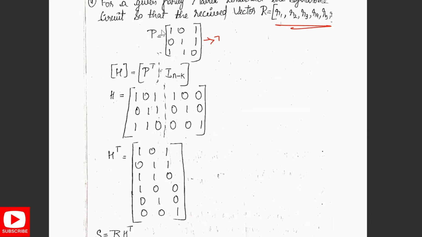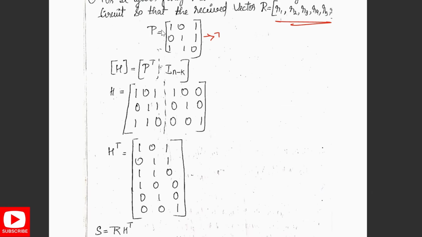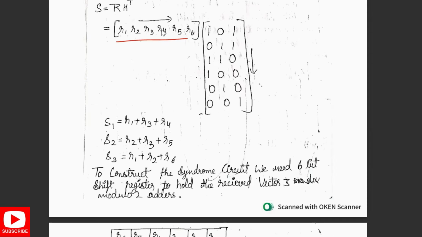It is 3 cross 3, so this will also be 3 cross 3. And finally the H transpose of it. The error that is given is in terms of R, and now the H transpose you are going to write here. Now you have to multiply each row with each column like this, and then like this, and then like this. So based on that, this column is S1, this column is S2, and this column is S3. So based on that, you get these three equations.